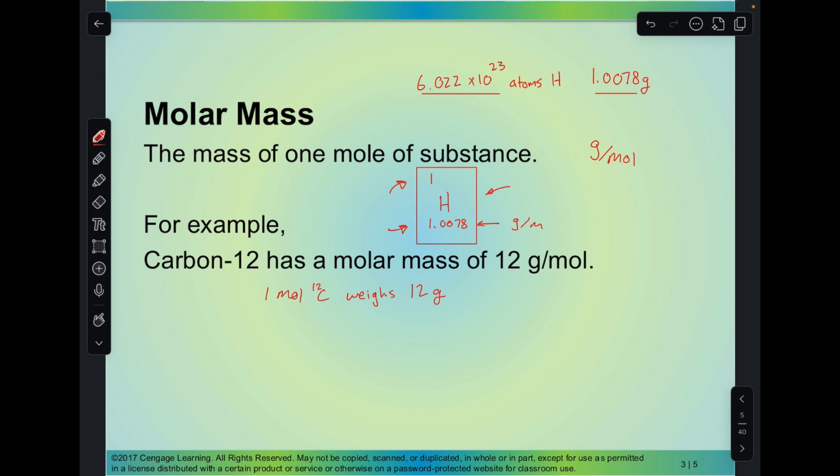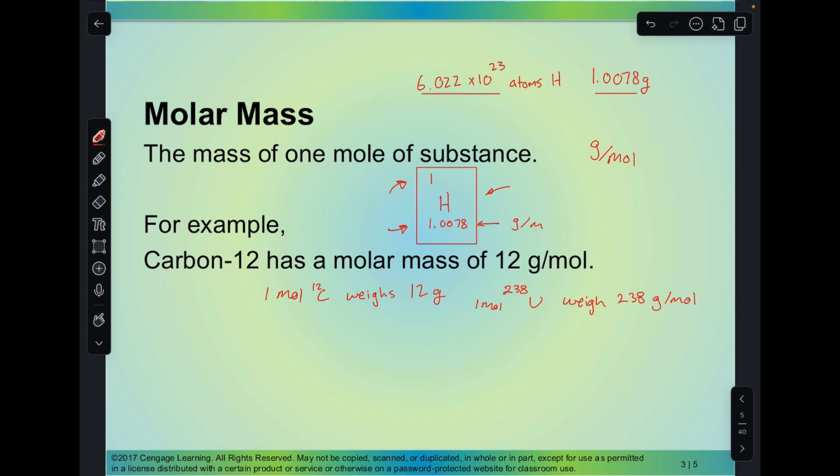It does not always work exactly like that. That's why it's based on carbon-12, but it is also very likely that if you were to have uranium-238, then 1 mole of U-238 is going to weigh a number very, very close to 238 grams per mole.